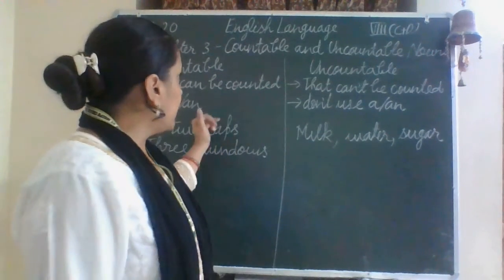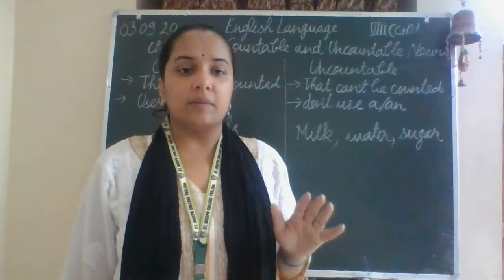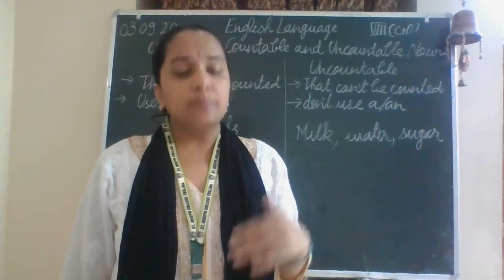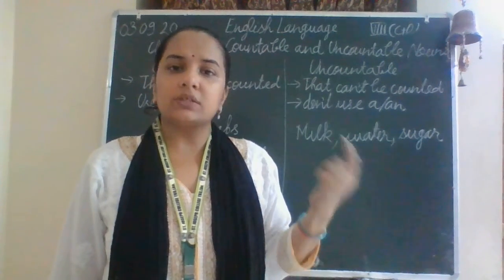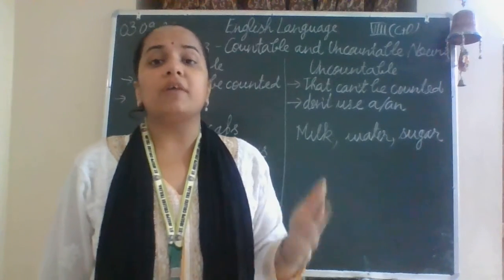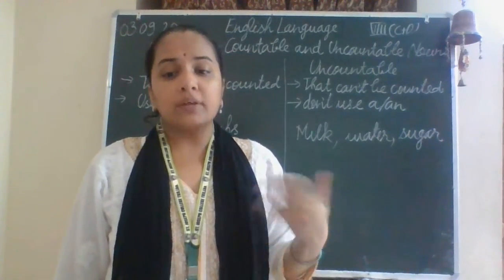Now, in the countable nouns and in the uncountable nouns, at both the places there will be singulars and plurals, when we are using it for one only, or when we are talking about things that are more than one.